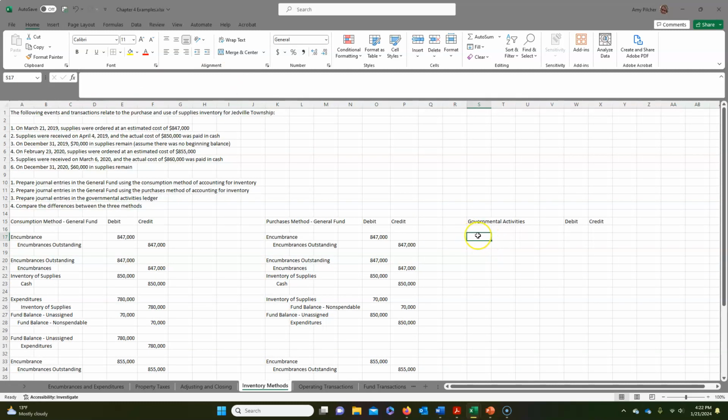So under governmental activities, no journal entry when we record that. Okay, then we receive our inventory of supplies of $850,000. So this is on April 4th.